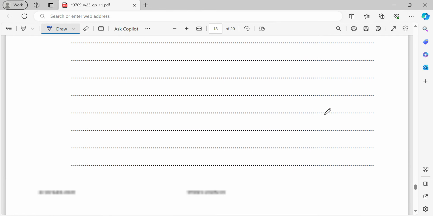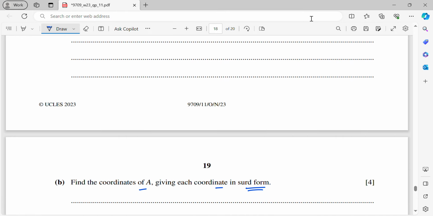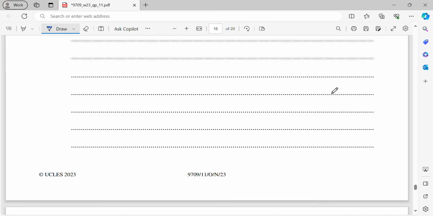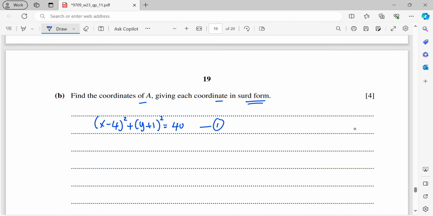From here, write (x - 4)^2 + (y + 1)^2 = 40. And then the line AB, y = -x + 3. This is the second equation. So solve the simultaneous equations.